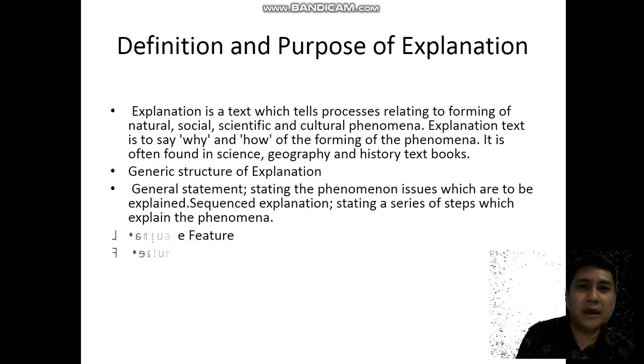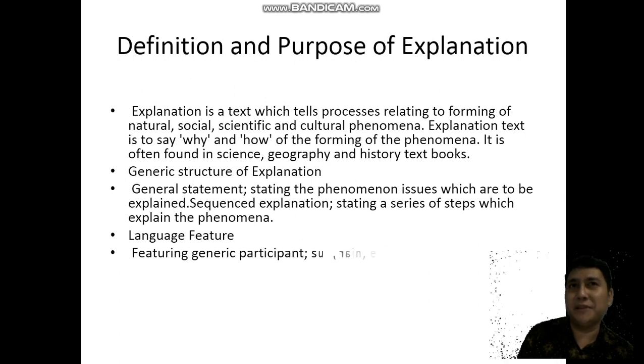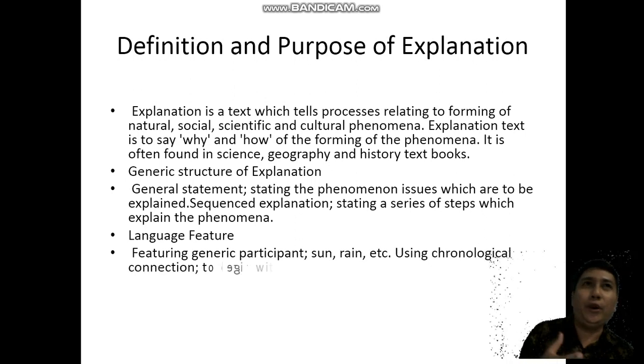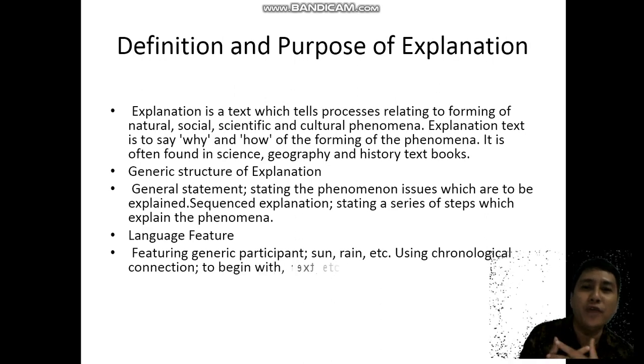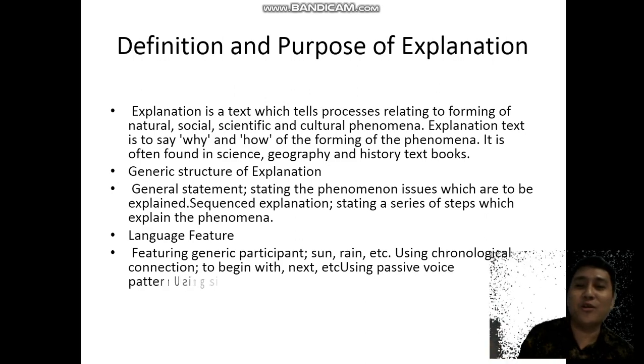Because this is explanation text, we have generic participants. Generic participants are the things that you are familiar with, like the sun, water, the earth, rain, snow, fire, ground, soil.